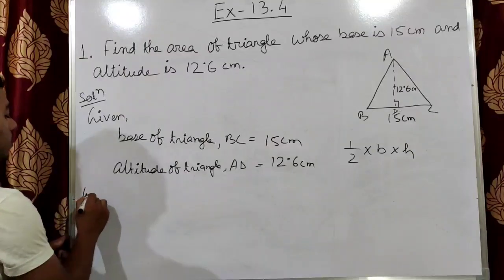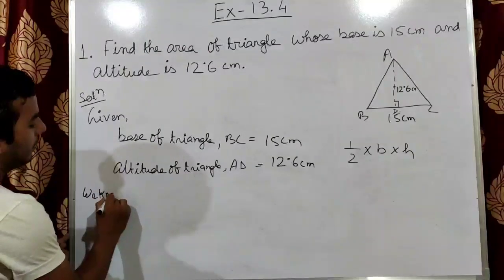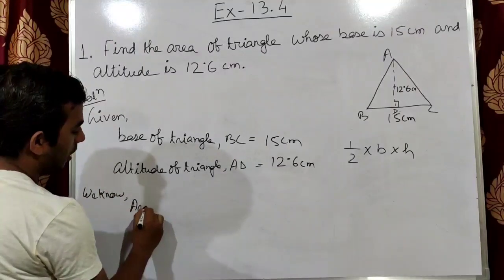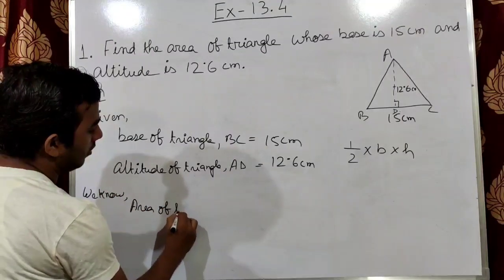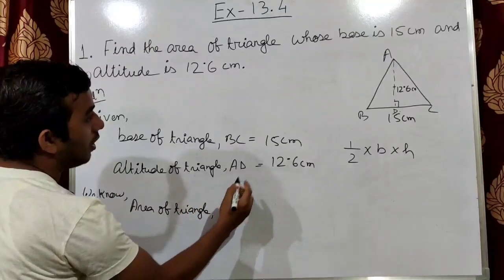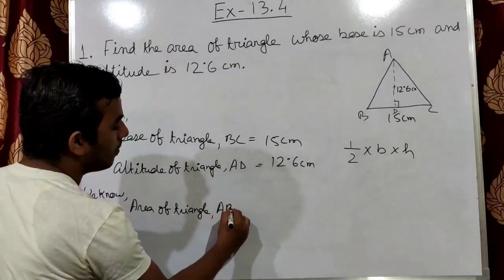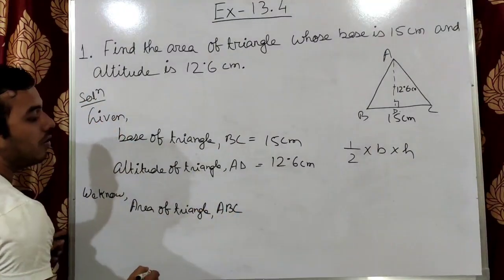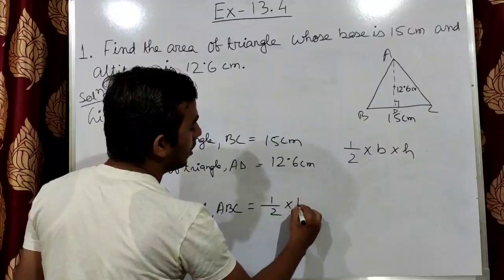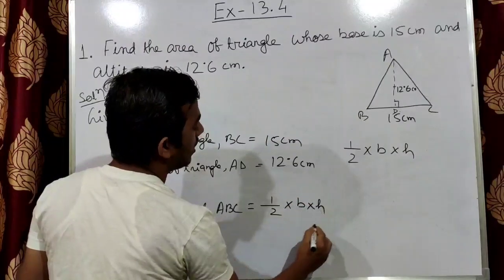So we'll write, we know area of triangle ABC equals half into base into height.